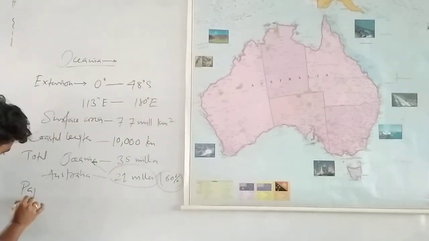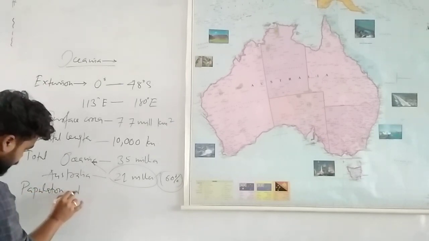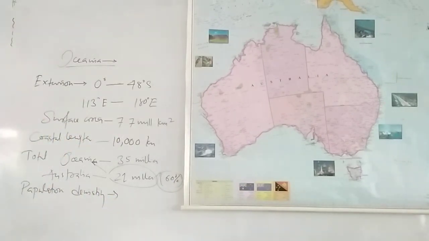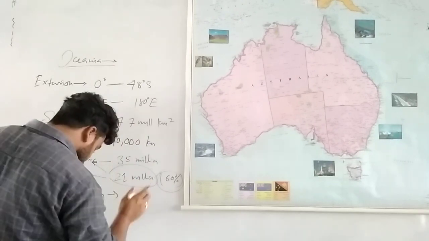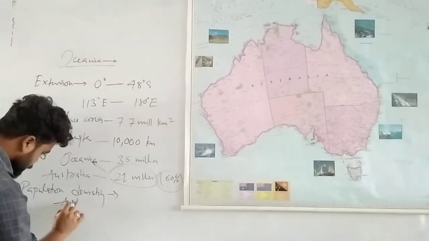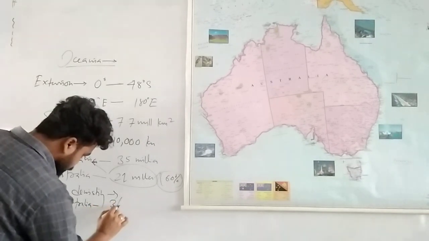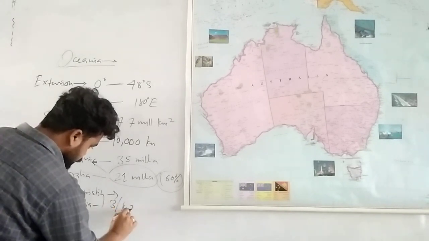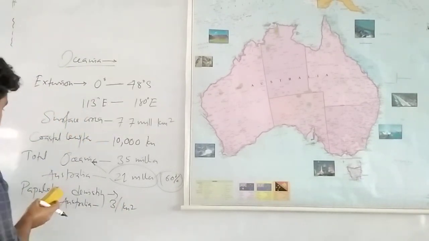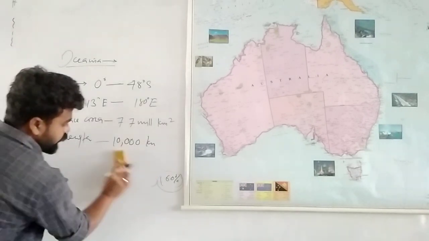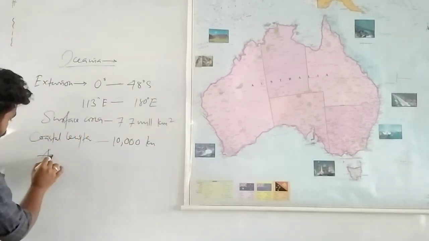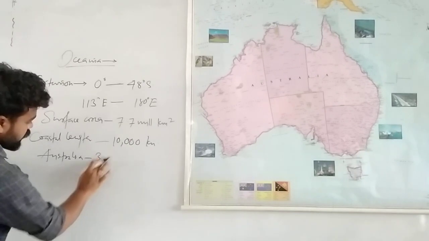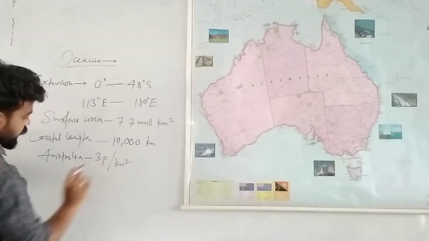Again, with this, we will see the population density also. What is the density? Australia has 3 persons per square kilometer.